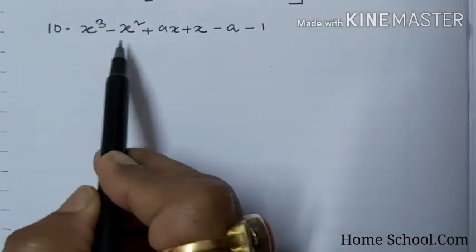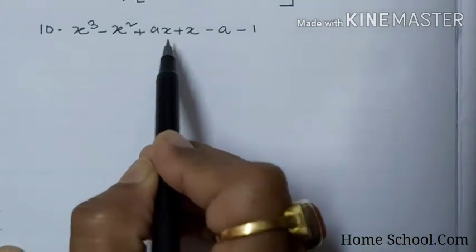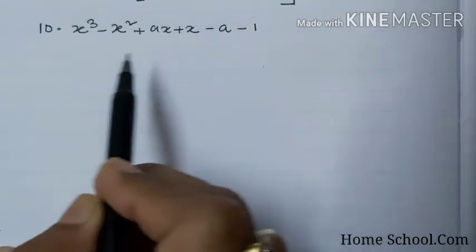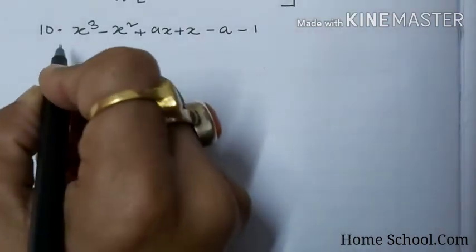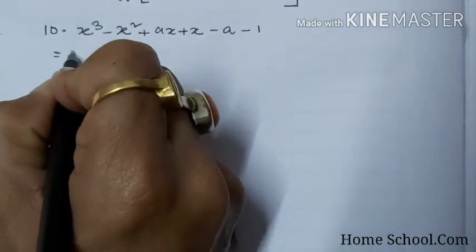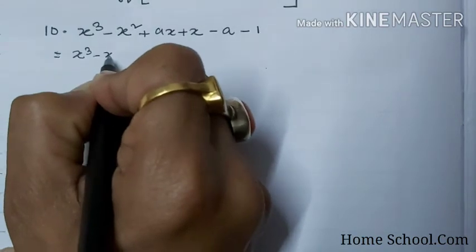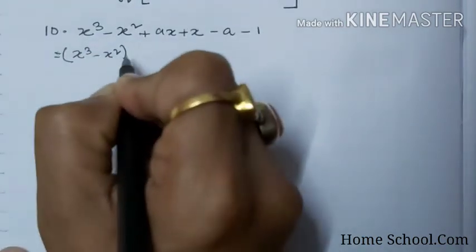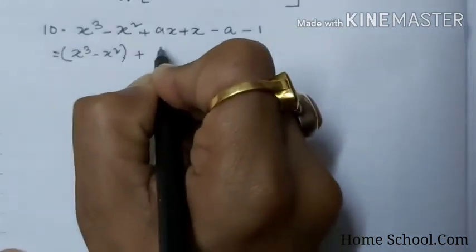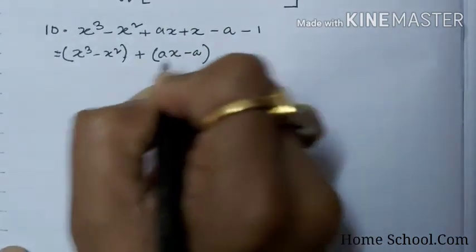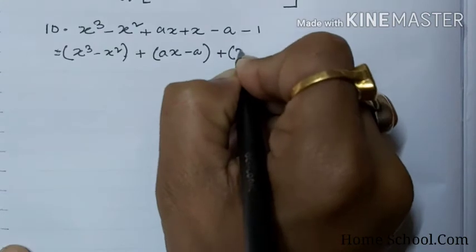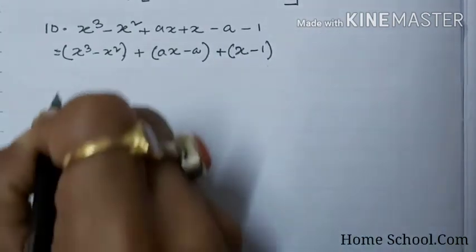Let us discuss another problem of factorization. The problem is x cube minus x square plus ax plus x minus a minus 1. Now we have to make a proper grouping. We can group it like this: x cube minus x square in one group, plus ax minus a in one group, plus x minus 1 in another group.